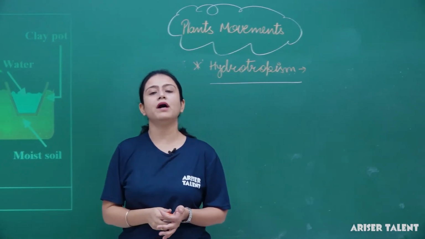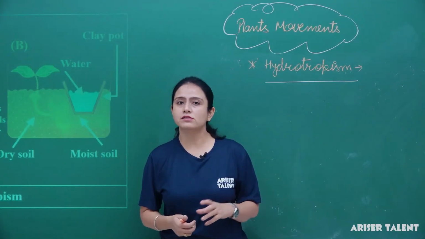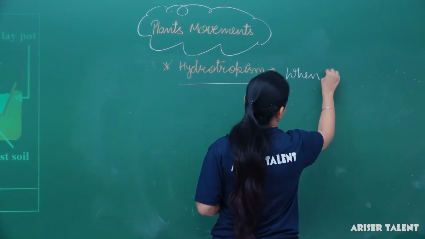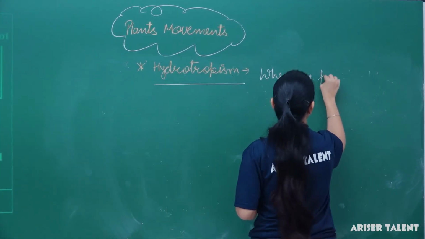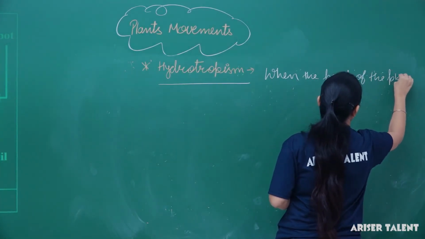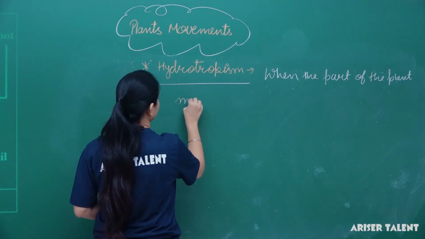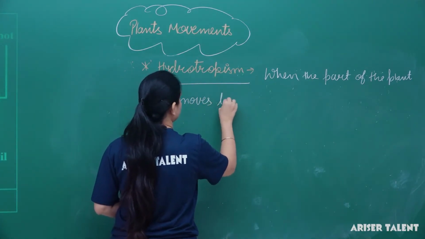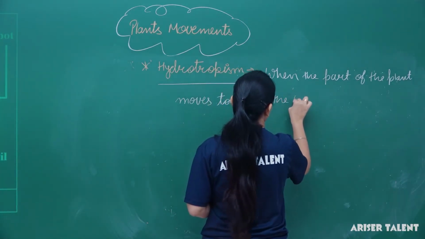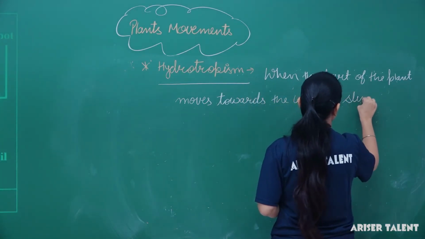Hydrotropism means when a part of the plant shows movement in the direction of a water stimulus. Okay, when the part of the plant moves towards the water, this is one kind of stimulus.